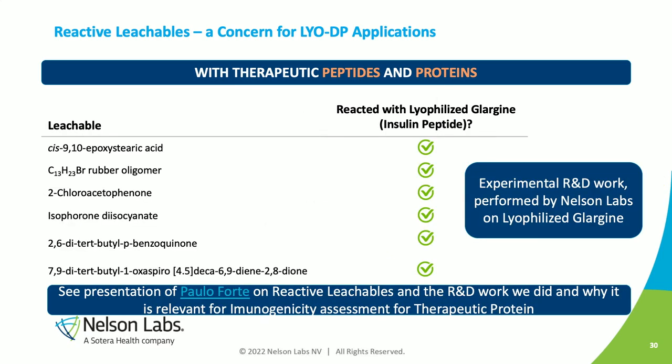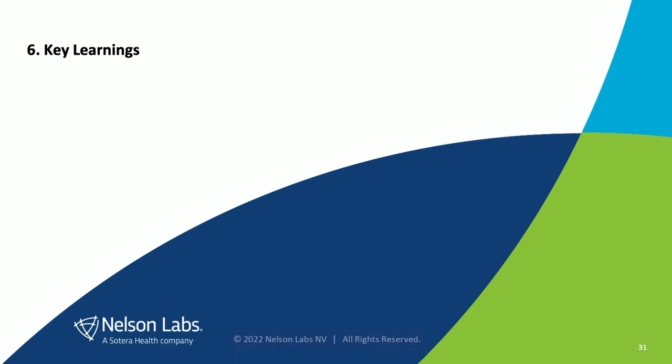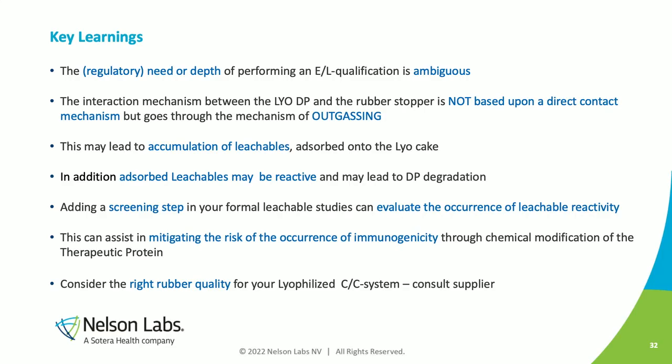Also, the R&D team of Nelson Labs did extensive work on evaluating the reactivity of the leachables. If you want to learn more, please follow the presentations of my colleague Paolo Forte, where he will cover the results of this study and what kind of impact it might have for your therapeutic protein application.